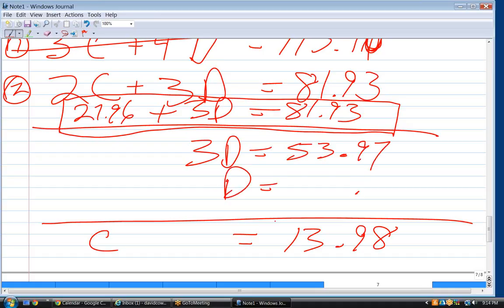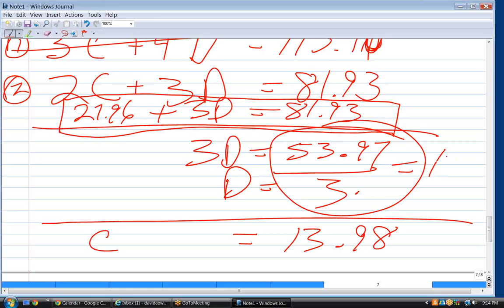D is that divided by 3, whatever that is. So there's your cost of a DVD. Sorry, I hit the multiplication button. It's okay. 53.97 divided by 3. Okay, 17.99. There's the cost of a DVD.